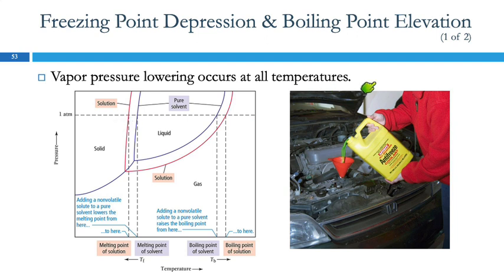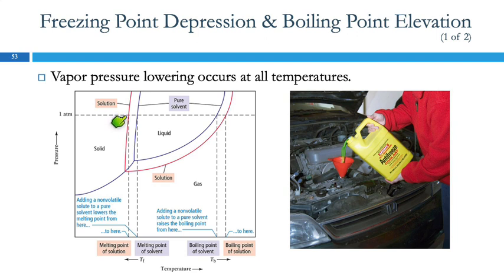And here we have a picture of someone putting antifreeze into the radiator of their car. Antifreeze is an aqueous solution of ethylene glycol, and it works a lot better than water because the ethylene glycol is a solute in the water, and it causes the freezing point of the water to be lower.